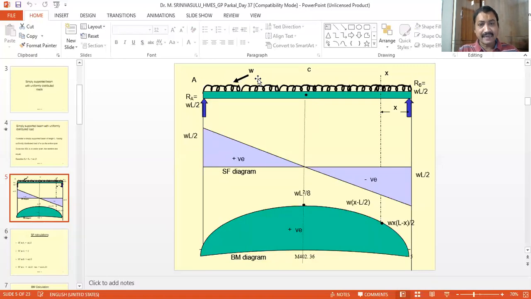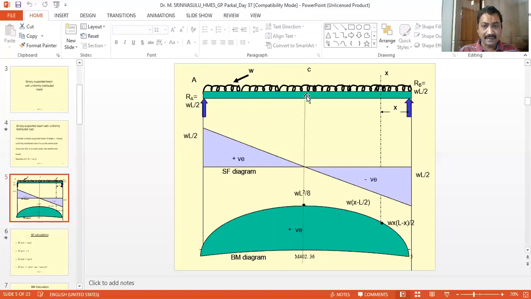However, it is acting downwards to the left. Generally, if the force acts downwards to the right, it is taken to be positive, whereas if the force acts downwards to the left, we take it as negative. So here, this is positive.